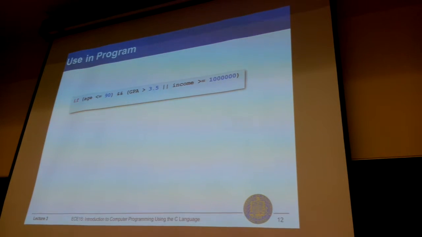So let's say if your age is less than or equal to 90, and your GPA is greater than 3.4, or your income is greater than or equal to, it's quite a bit, way more than what I make, then you should plan for that. That's probably a catch right there. Somebody who's either really smart and has a lot of potential, or they're making a lot of money and they're not too old.